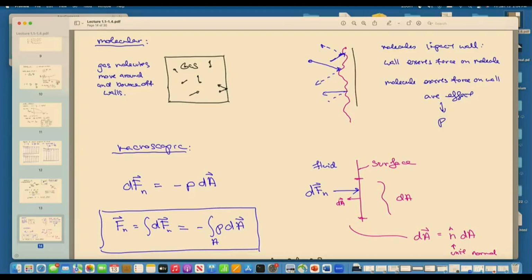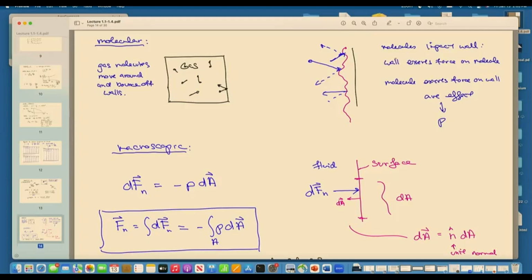And molecules are moving around in all directions, so this molecule may approach with this orientation and hit this surface that's at an angle, and then bounce off and go to some different direction, and another molecule may hit this surface, and so it's irregular. But this is the molecular point of view.